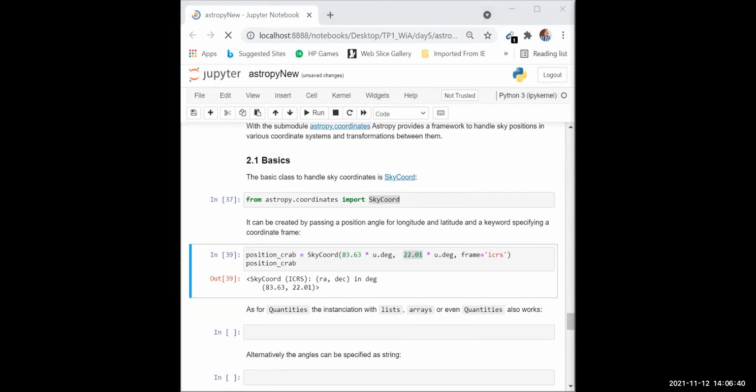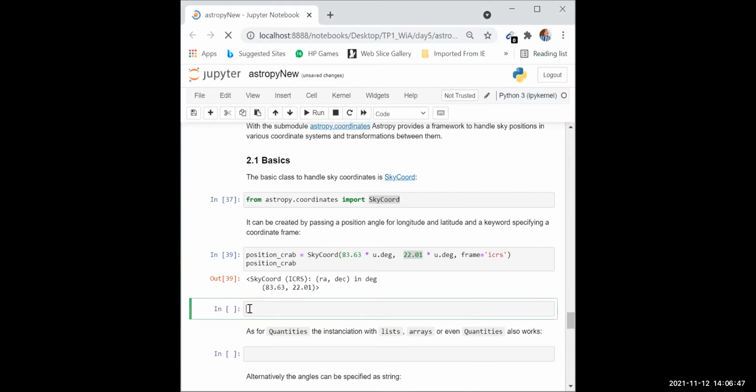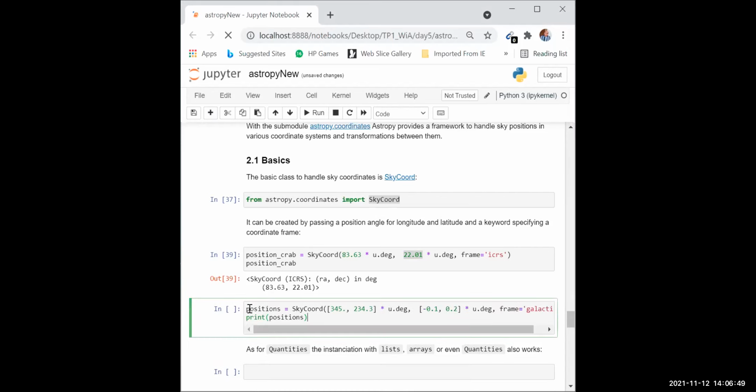Similarly, you can have it for more objects. Yes, you can give a list. I'm giving many positions in one row. In this case, I'm giving 2, but I can give many more.